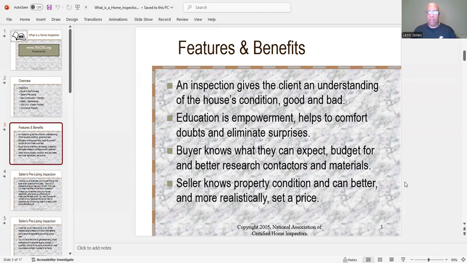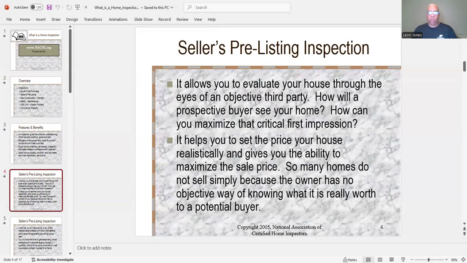Education is empowerment. It helps to comfort doubts and eliminate surprises. Of course, the buyer knows what they can expect, budget for, and better research contractors and materials. The seller knows the property condition and can more realistically set a price. It also allows you to evaluate your house through the eyes of an objective third party.